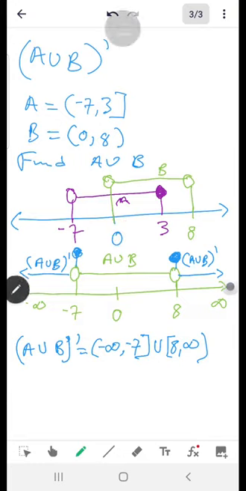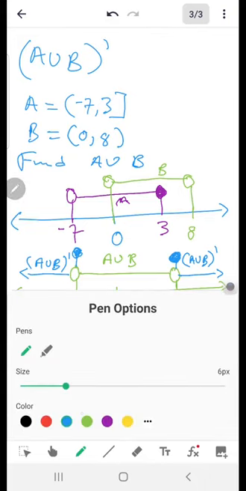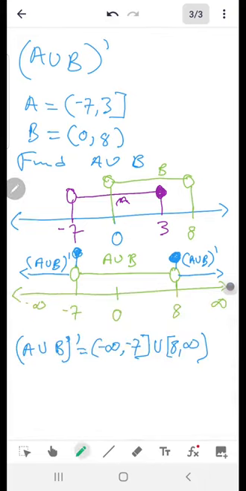Let's just be a bit fast. From there, if I was to draw this, this is how it will look. This is 0 as usual to demarcate.